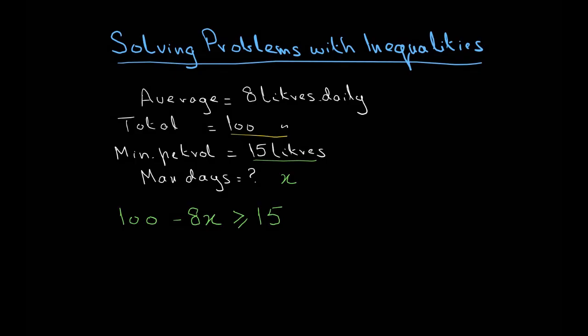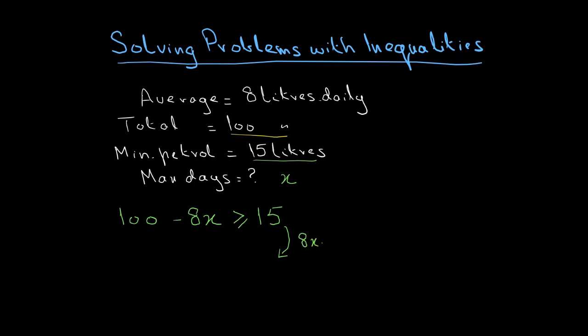Now this is very easy to solve. I can do it formally. What I'm going to do is add 8x minus 15 to both sides of the equation. I'm going to get 100 minus 15 is greater than or equal to 8x, which means I can divide both sides by 8.